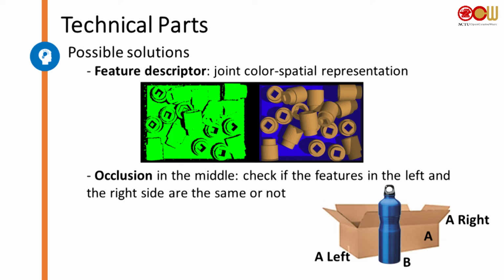For the feature descriptor, we will use a joint color-spatial representation, which uses spatial relationships in point cloud data and color information in RGBD images. For the occlusion in the middle, we will check if the features on the left and the right side are the same or not. For example, if the features on the left side of A and the right side of A are the same, we will think that object A is occluded by object B.